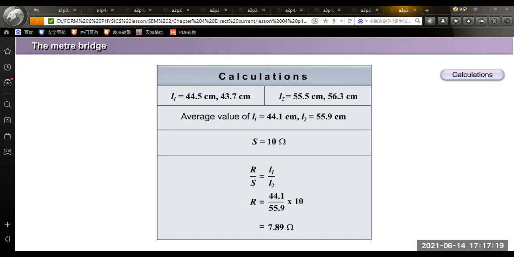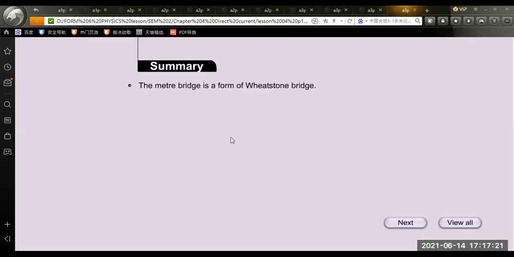Ladies and gentlemen, as a summary, the meter bridge is a form of Wheatstone bridge. When the meter bridge is balanced, what will happen?